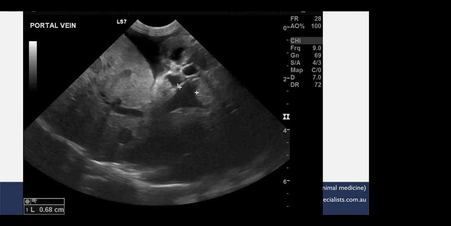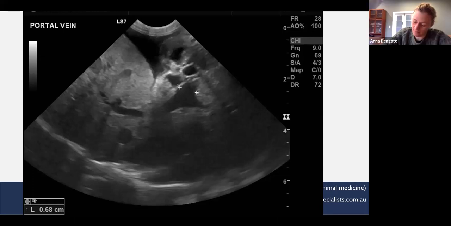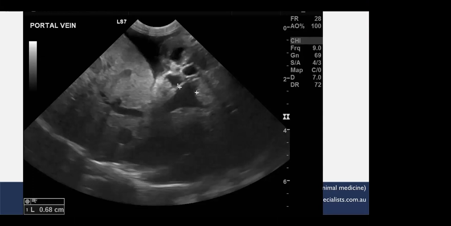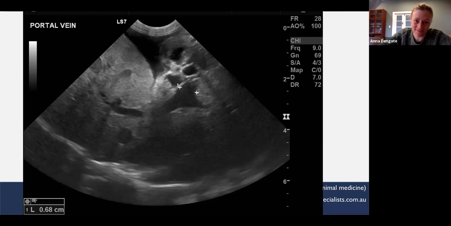It looks like you've got a lot of varying echo texture within the liver. It looks like you've got fluid up the top, because I'm assuming that can't be a vascular area up there. Right. I think you've got fluid. Now I'm going to assume this is the diaphragm down the bottom. So I think you've got fluid down there as well. It is, yeah. The portal vein looks huge.